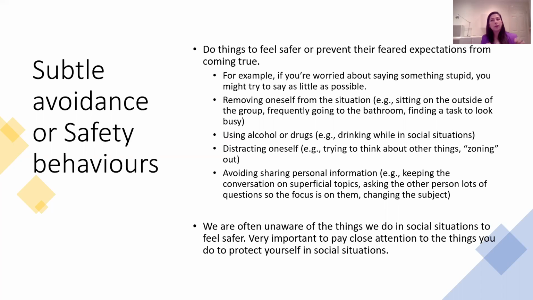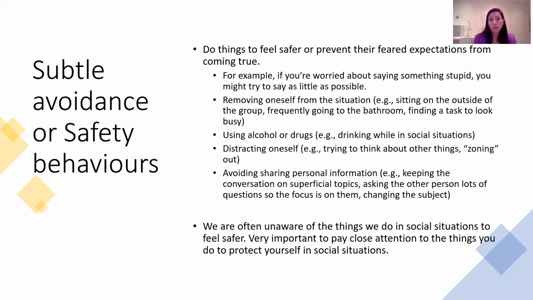And also, we're not always aware of how we are avoiding social situations. Sometimes there are more subtle ways of avoiding and engaging in some safety behaviors. So rather than completely avoiding social situations, some people might engage in these safer behaviors.